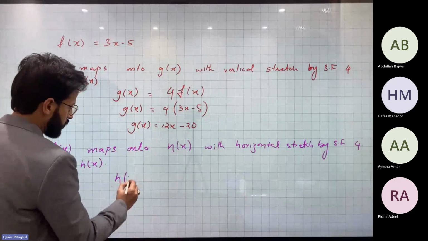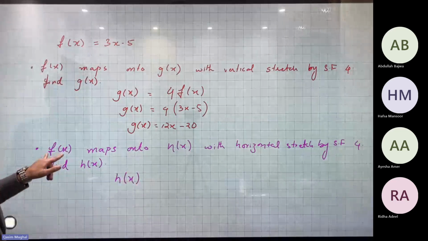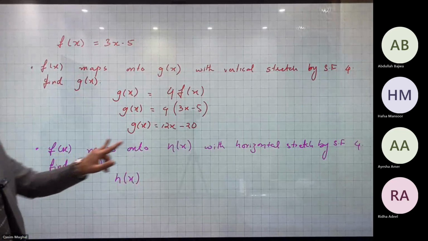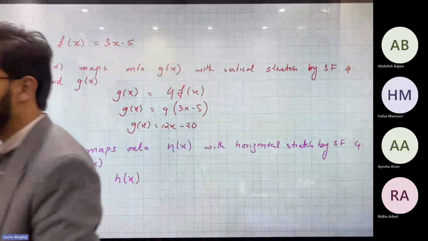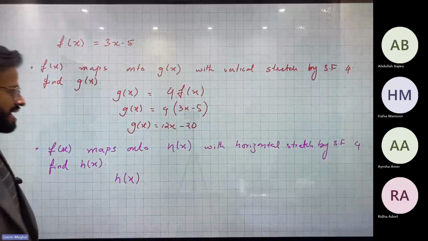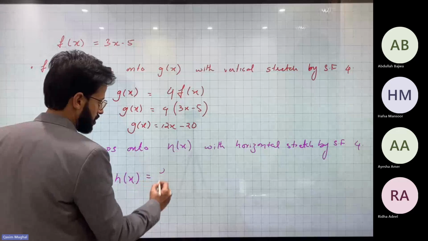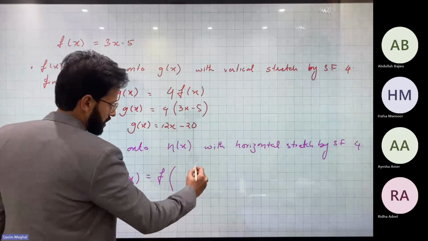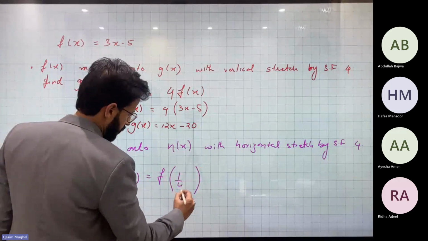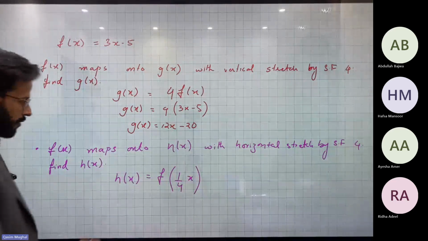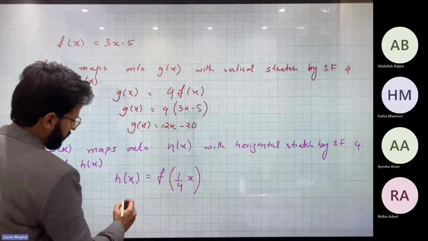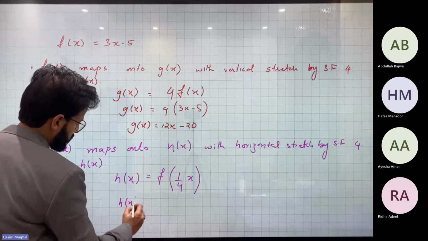So how are we going to obtain h of x? By stretching the function f horizontally by a scale factor of 4. Now horizontal stretch means we are going to make changes in x. So this is going to be f of 1 by 4 x. Now let's write f of 1 by 4x then, h of x.